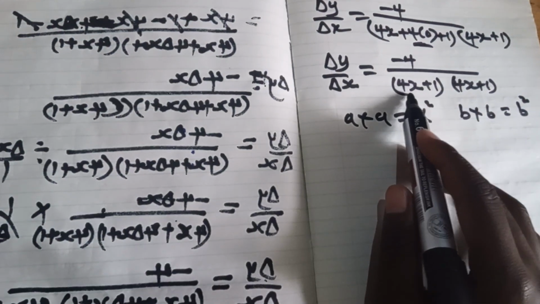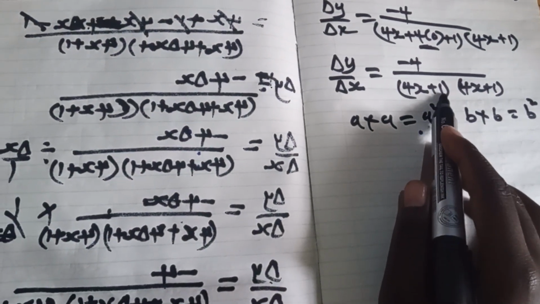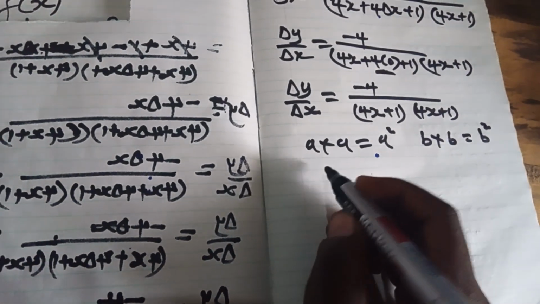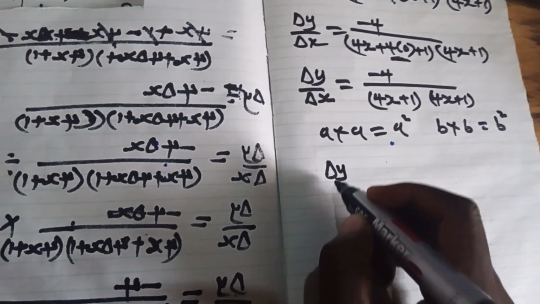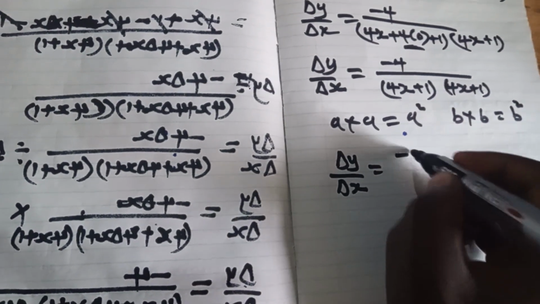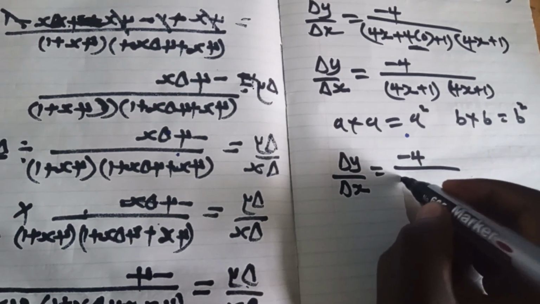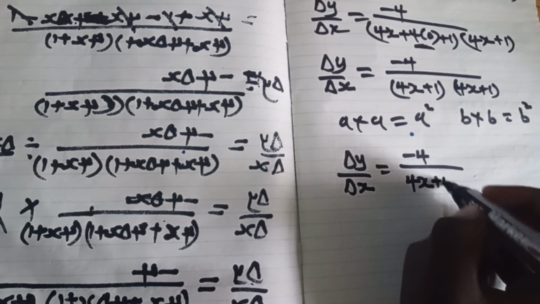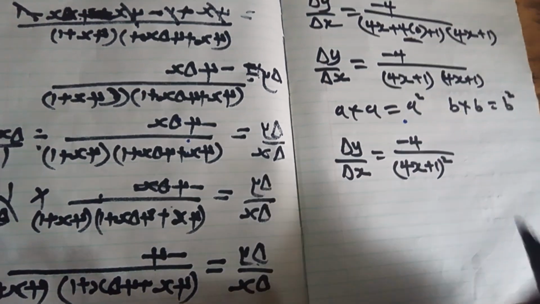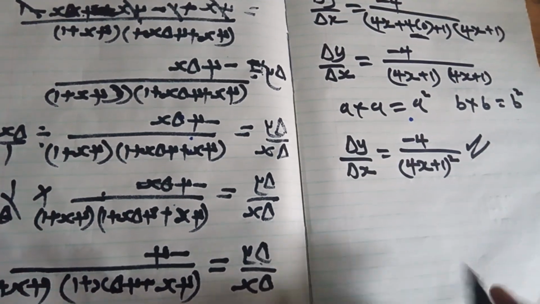Then this is now the same as 4x plus 1 multiplied by itself, which is going to give us the same function but squared. So our last answer will be change in y over change in x being equal to negative 4 over 4x plus 1, all in brackets squared. So this is our last answer.